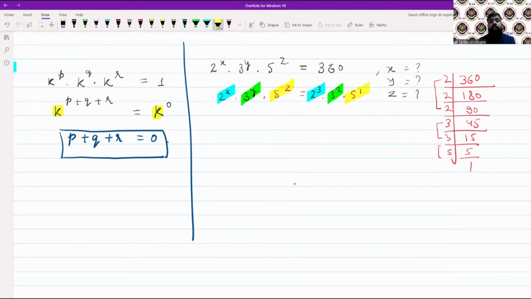So individually we can compare. Bases are same, so powers will be equal. Therefore, the value of x is equal to 3, y is equal to 2 and z is equal to 1. So this will become the final answer. In this manner, you can easily solve.